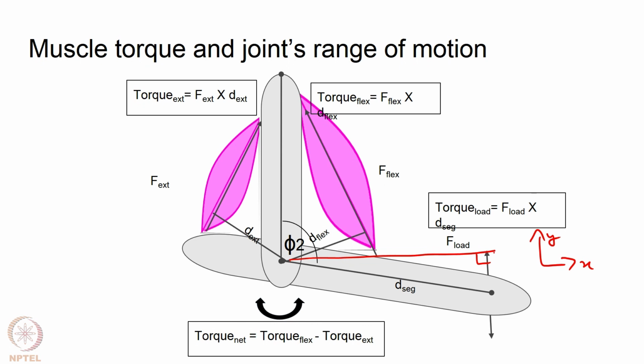That is the momentum, and this is d_seg, and this is going to be a relatively small theta in comparison with phi. Once again d_flex is going to be small in comparison with d_seg. This is essentially forearm length or length of forearm, something of that.